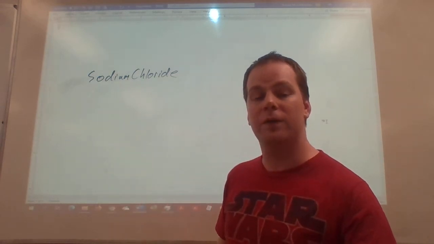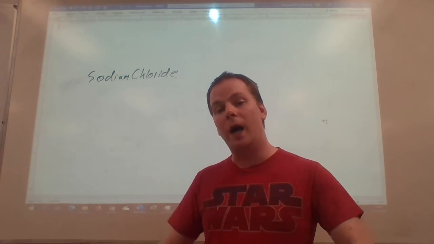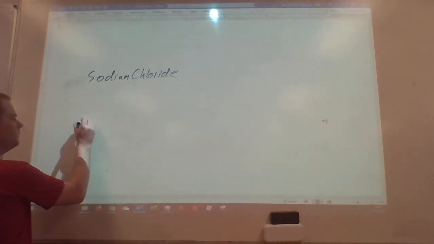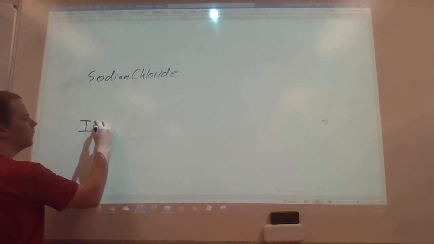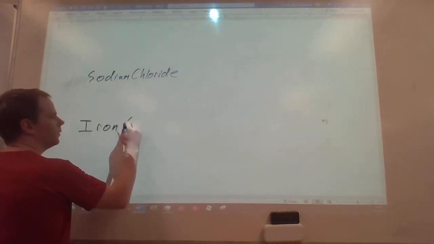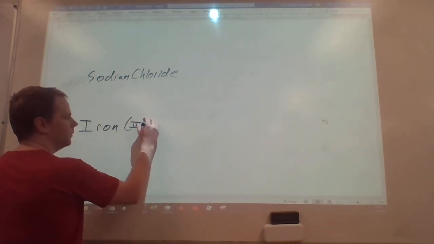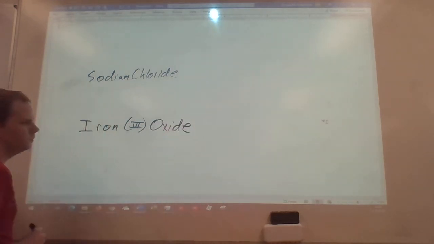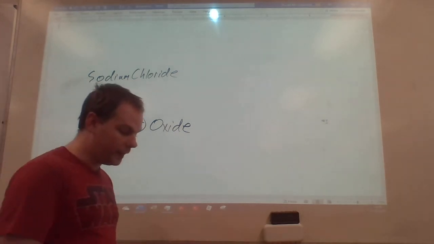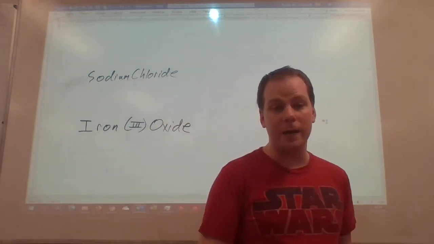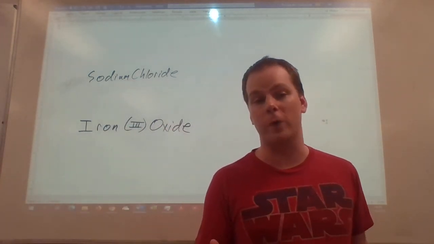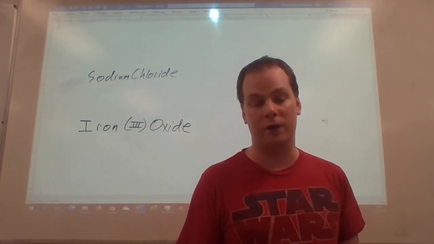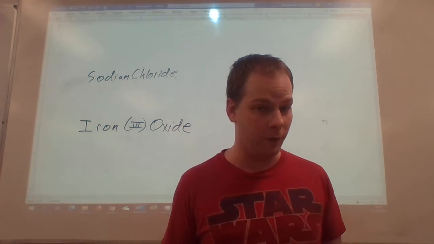I'm going to jump instead to iron 3 oxide. Iron 3 oxide is the name for a compound called red rust. There is also iron 2 oxide, which is black rust, if you've ever seen that.